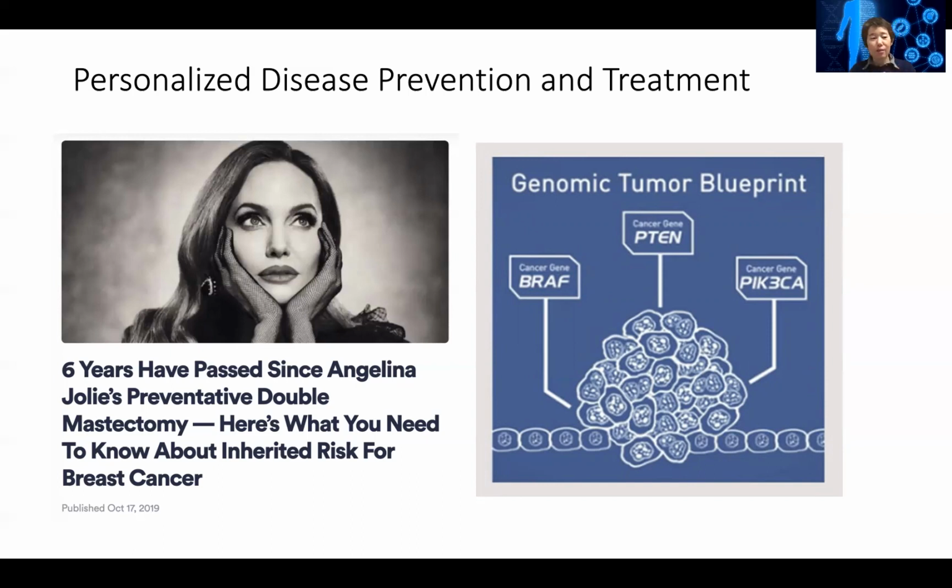These are called targeted therapies, which means that they only kill the cancer cells which carry the mutation, but leave the normal cells intact, which is quite fantastic because it would have less side effects than, say, chemotherapy, which will kill even your normal cells and have a lot of bad side effects.